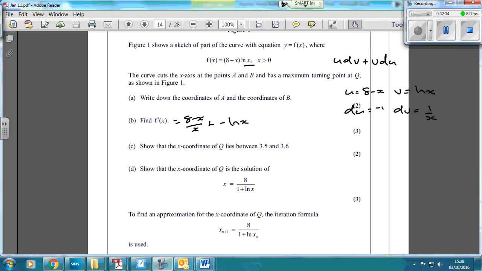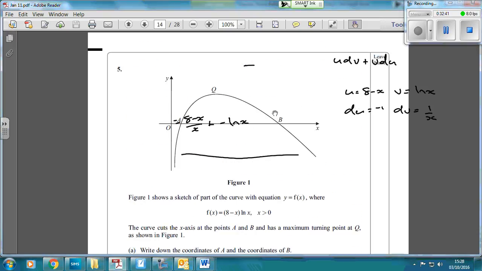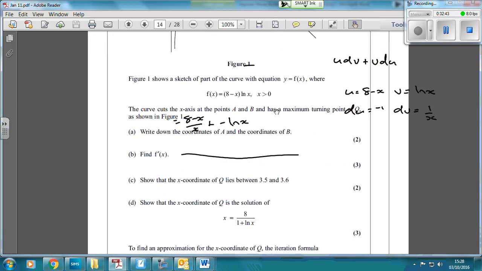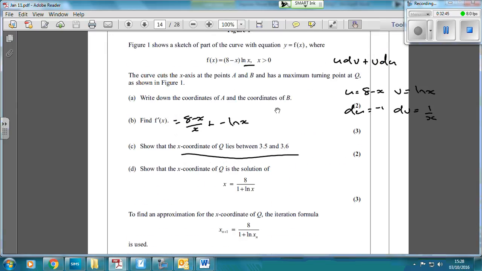Okay, so now we're going to show the x-coordinate of Q lies between 3.5 and 3.6. If we go back up here, Q is the turning point. So if it's a turning point, again from Core 2, you know that turning points are where the gradient is 0. So here, this is our gradient.